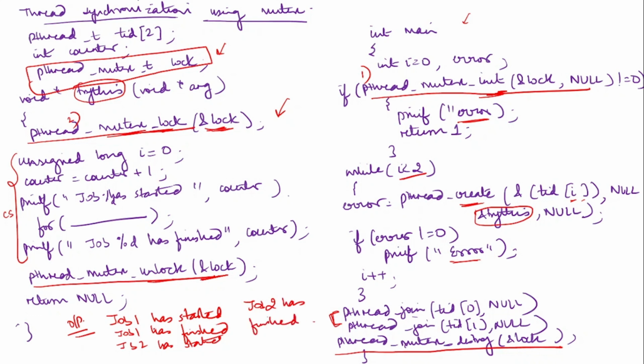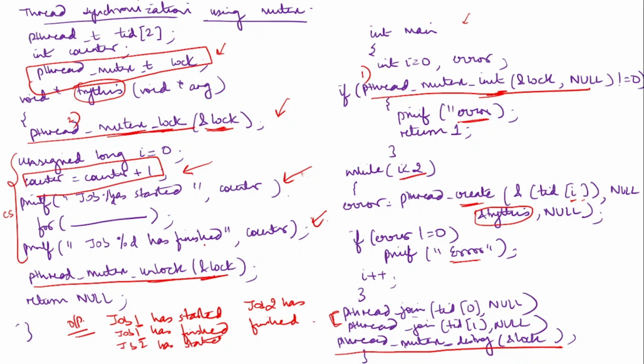Now you see the order here. Job 1 has started, job 1 has finished, which means first the value of the counter is incremented, then it is started, it is finished. In the meanwhile, when you are printing the value of counter, no other thread is updating the value of counter here. So the value of counter remains 1 only.